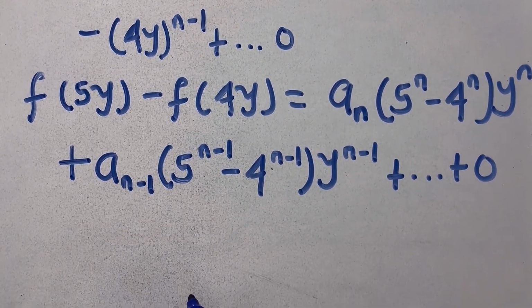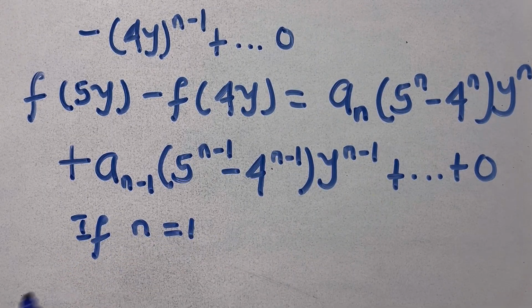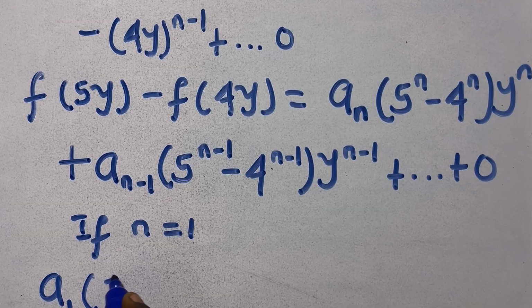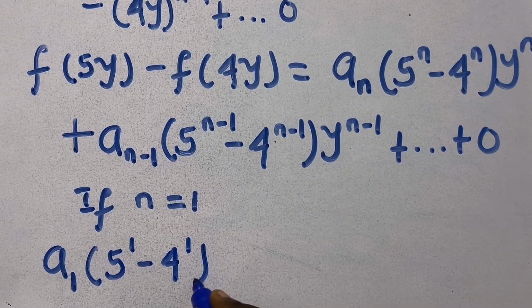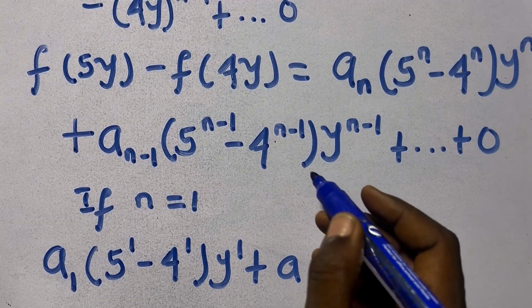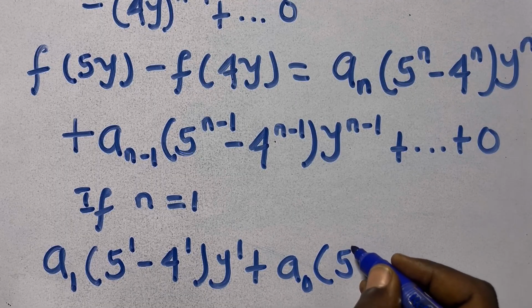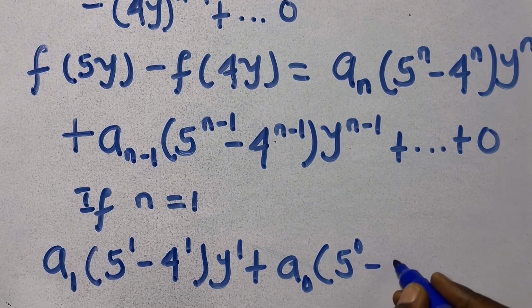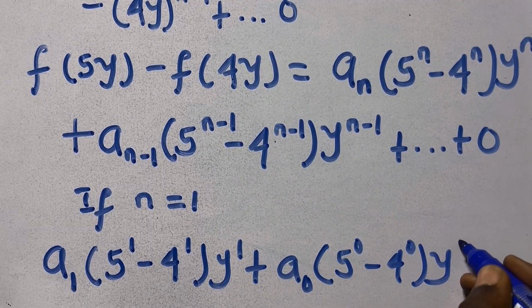All right, so now if n equals 1, what we are going to have is a subscript 1, then 5 raised to power 1 minus 4 raised to power 1, times y raised to power 1, plus a naught terms, because for this we are going to have 1 minus 1, so 5 raised to power 0 minus 4 raised to power 0, which will be 0.